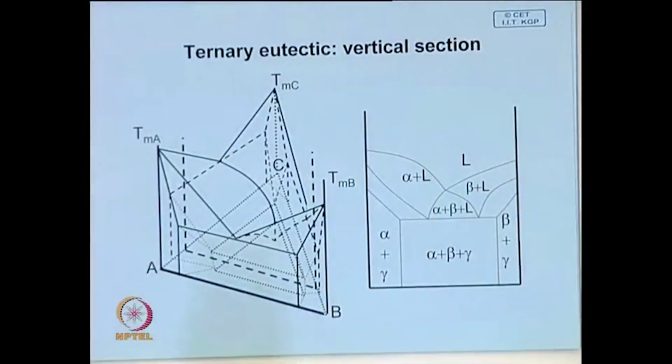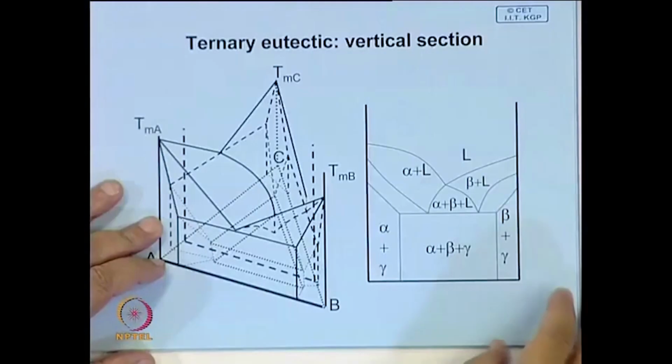Now, let us try to understand how we can draw a vertical section. For that, it is necessary to visualize the nature of the three phase region, between the binary eutectic and the ternary eutectic, and we will see this in the next two diagrams.